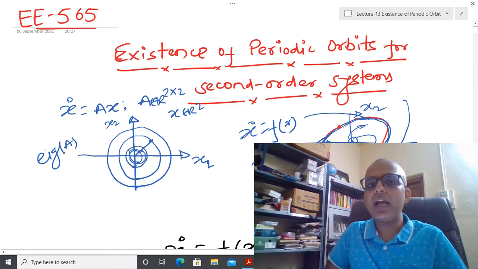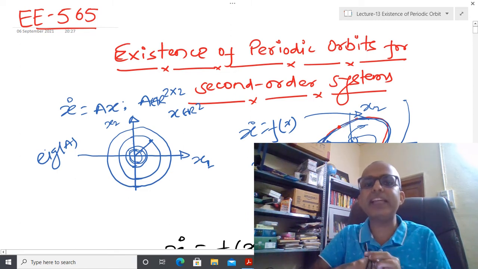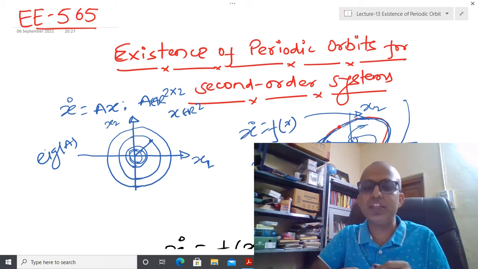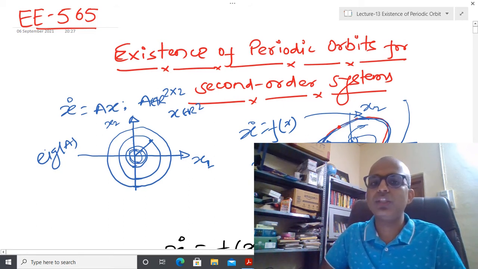It is possible to show that limit cycle behavior is only possible if we consider some kind of nonlinear system. Due to that reason, whatever oscillator we see inside the lab or anywhere in the medical field, all are constructed based on analysis or design using nonlinear control theory.